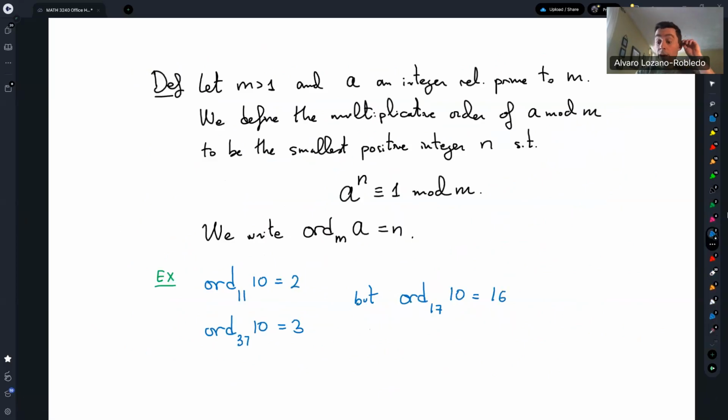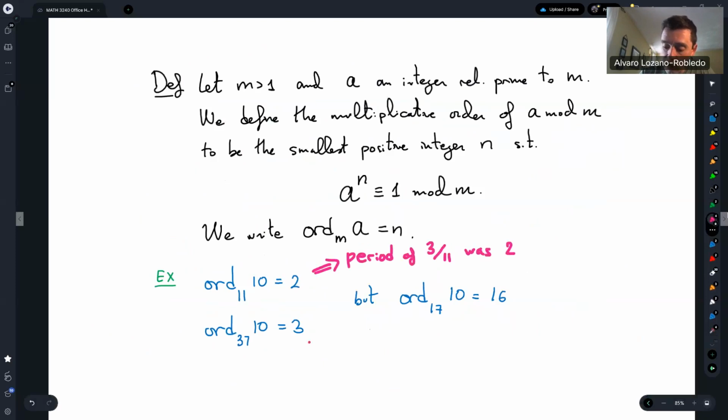And that's why the length of the fraction, so in here, this implied that the period of 3 over 11 was of length 2.